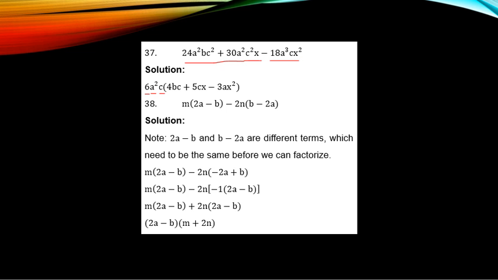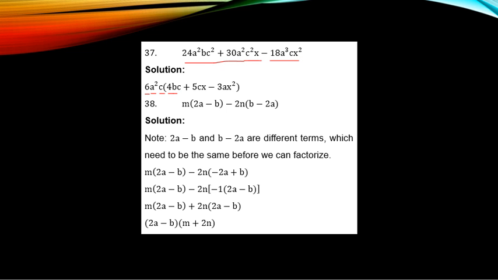Okay, so if you divide 24 by 6, you have 4. If you divide a square b c square by a square c, you have b c. The second term, you divide 30 by 6, you have 5. If you divide a square c square s by a square c, you have cs.